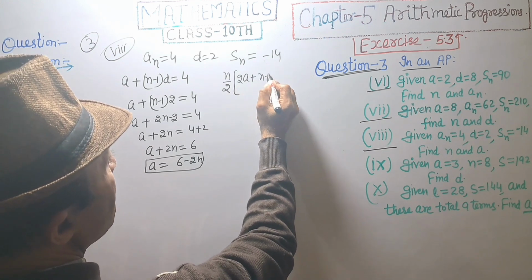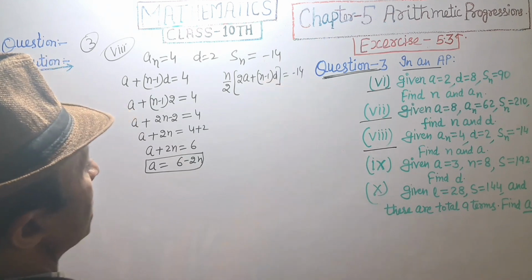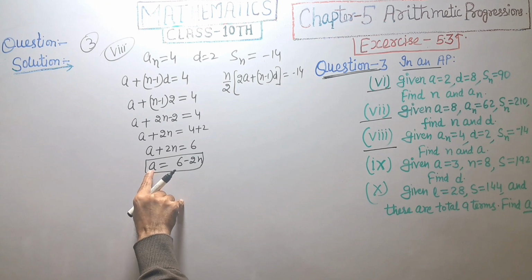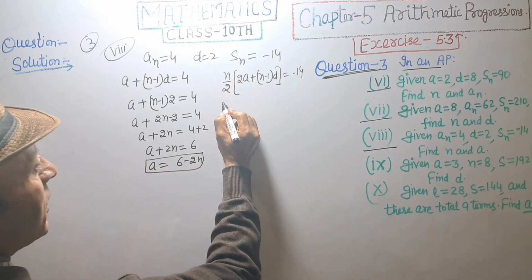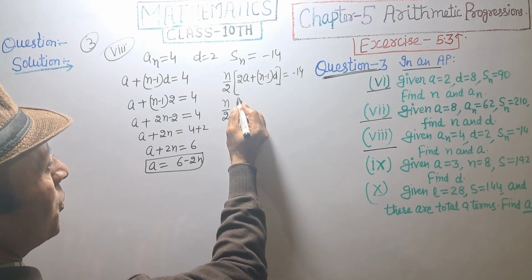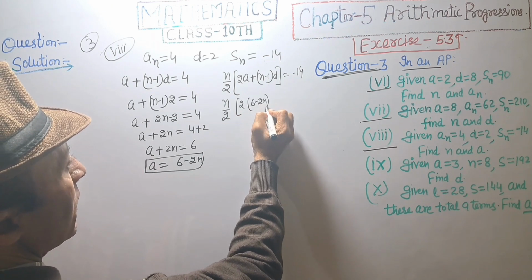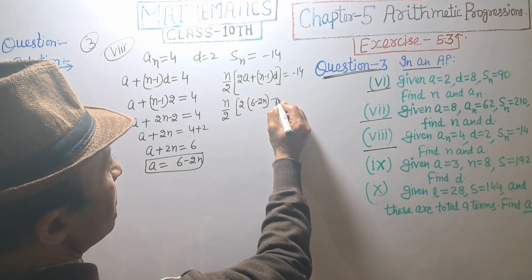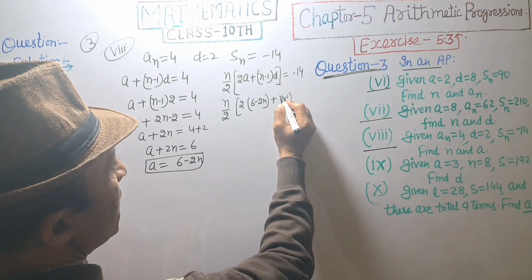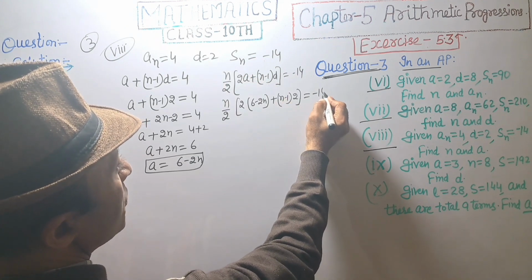But Sn is equal to n upon 2, 2a plus n minus 1 into d is equal to minus 14. A is equal to 6 minus 2n, put in this, n divided by 2, 2 into 6 minus 2n, it's the value of a, plus n minus 1 into the value of d, which is 2, is minus 14.